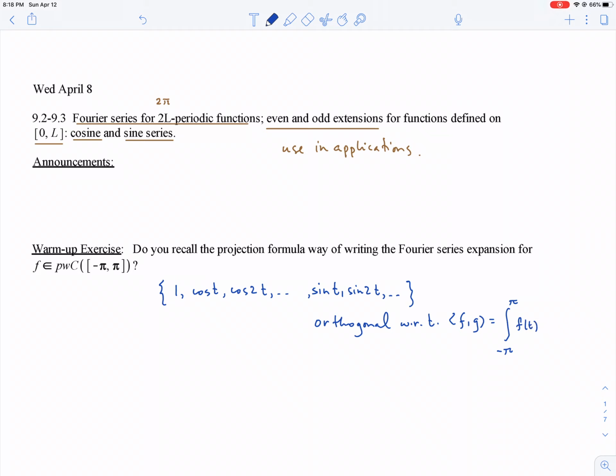The inner product of f and g was the integral from minus pi to pi of f of t times g of t.